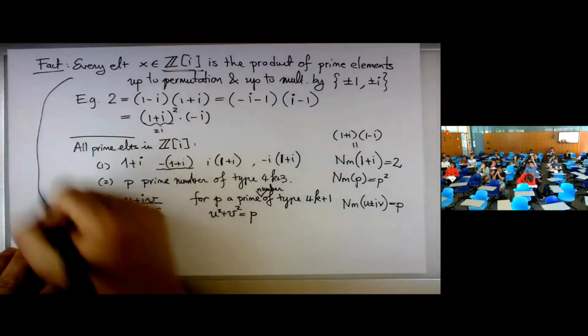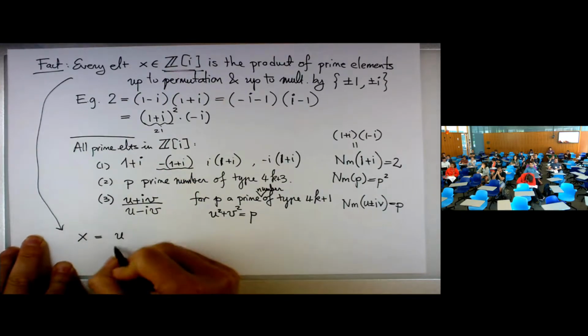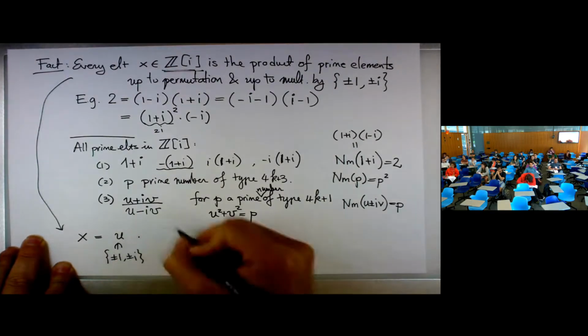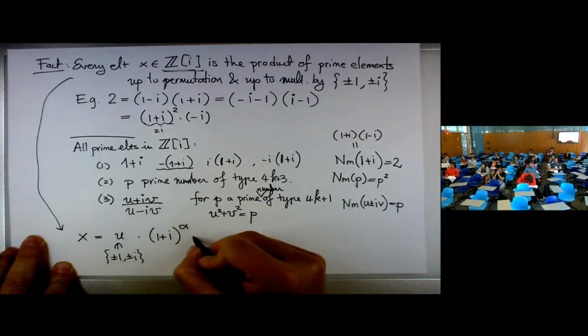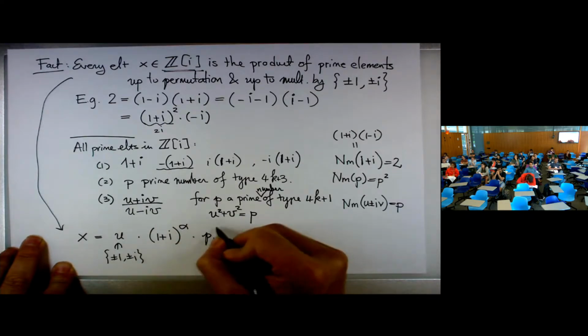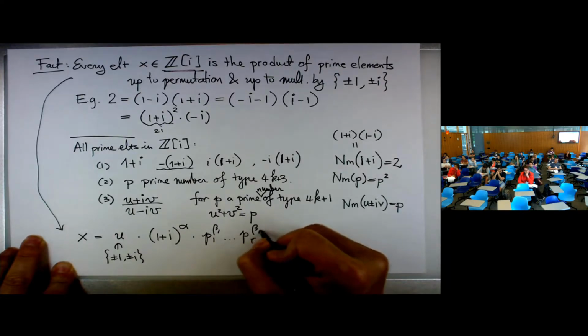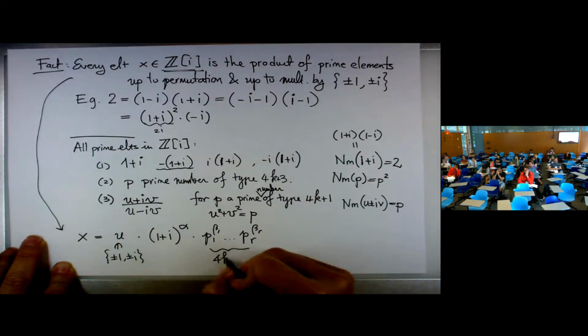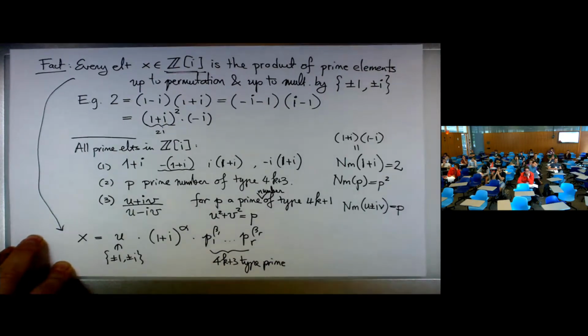And this theorem will say that x will be equal to some u, which belongs to plus or minus 1, plus or minus i, times (1 plus i) to some alpha, times p1 to the beta 1 through pr to the beta r. So these are 4k plus 3 type primes. I'm just writing it out in a straightforward way.